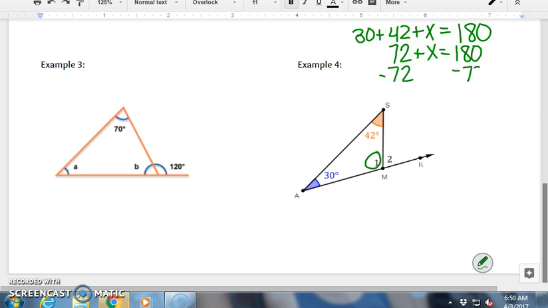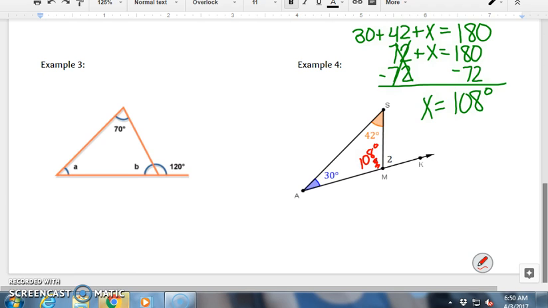Subtract 72 to the other side. I get x equals 108 degrees. So angle 1 over here is going to equal 108 degrees.